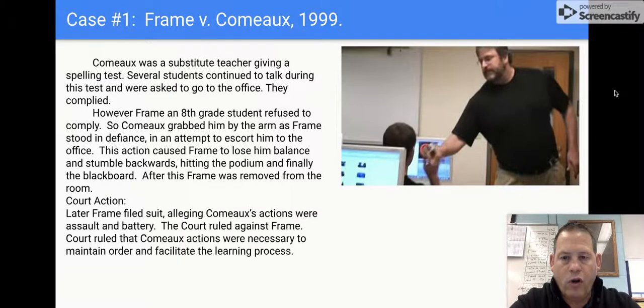He grabbed him by the arm to try to escort him out of the room. There, he fell down and caused some problems. And later, they filed suit against Camus' actions for assault and battery. The court ruled in favor of the substitute teacher, mainly because the court said it was necessary to maintain and facilitate the learning process that he be removed.